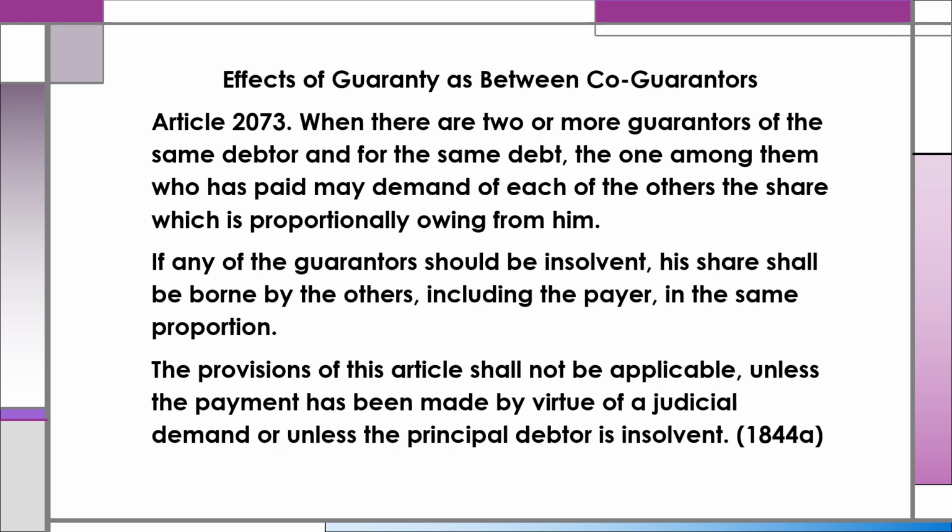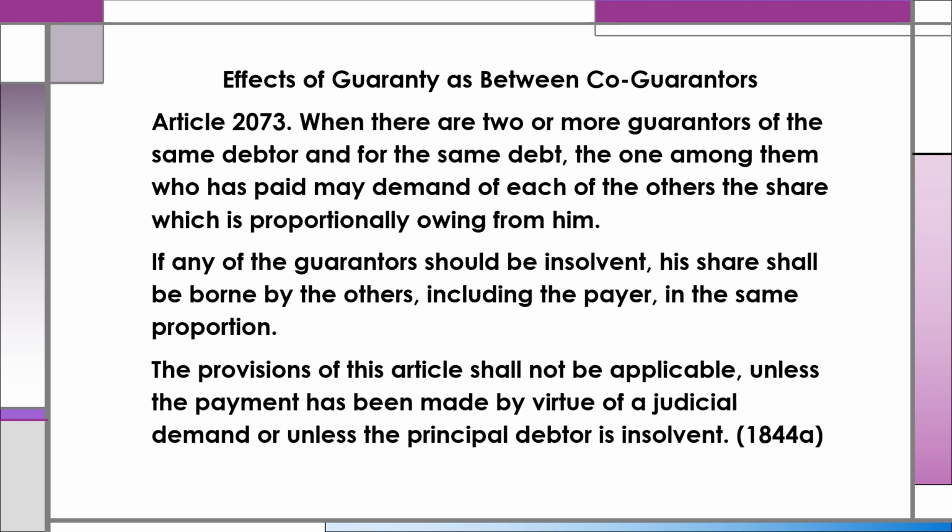But for example, one of the guarantors is insolvent. For example, guarantor C is insolvent. Therefore, he is unable to give his portion of the debt. Therefore, his share will be divided among the remaining guarantors, A and B, including B who made the actual payment. So for example, the debt of the guarantors is 90,000. They share equally, A is 30,000, B is 30,000, C is 30,000. B made the payment.